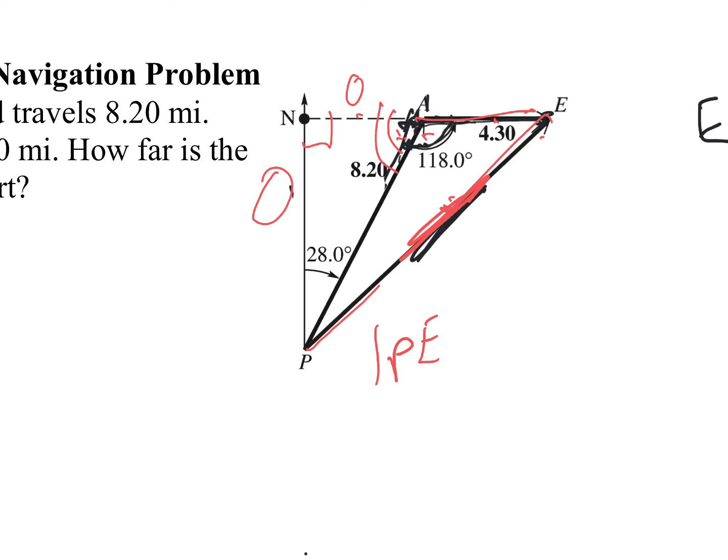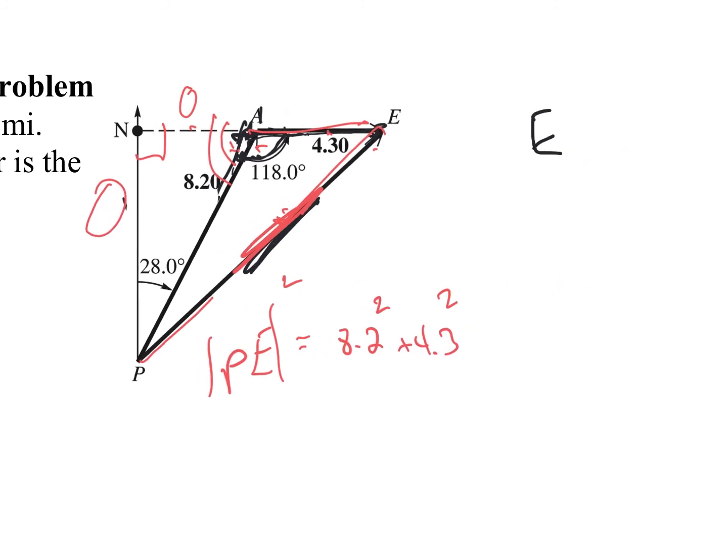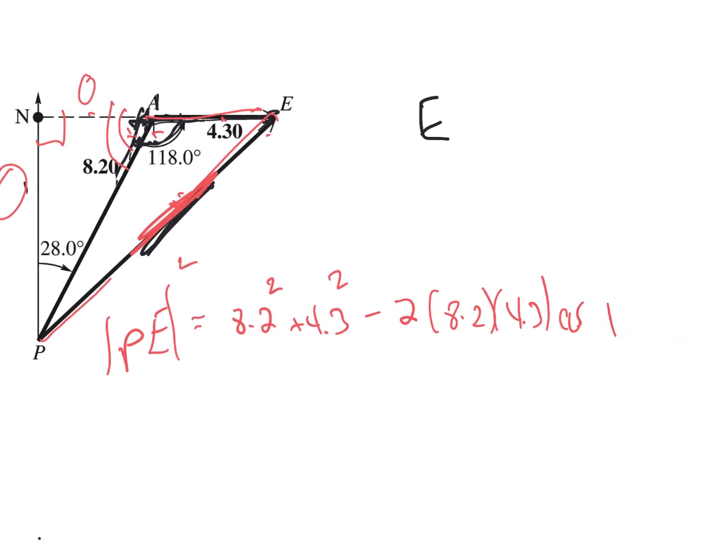The magnitude of PE squared equals 8.2 squared plus 4.3 squared minus 2 times 8.2 times 4.3 times cosine of 118 degrees.